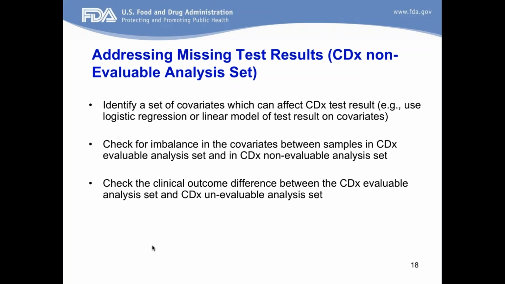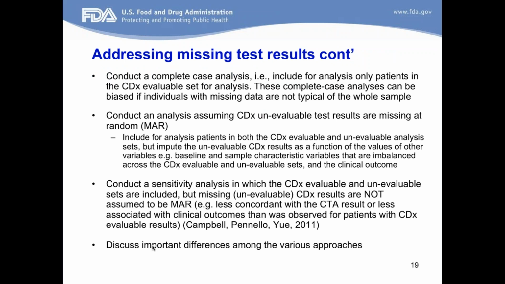Please also check the clinical outcome between the CDx positive, CDx evaluable set and the CDx non-evaluable set. And conduct complete case analysis and also some sensitivity analysis on different assumptions.